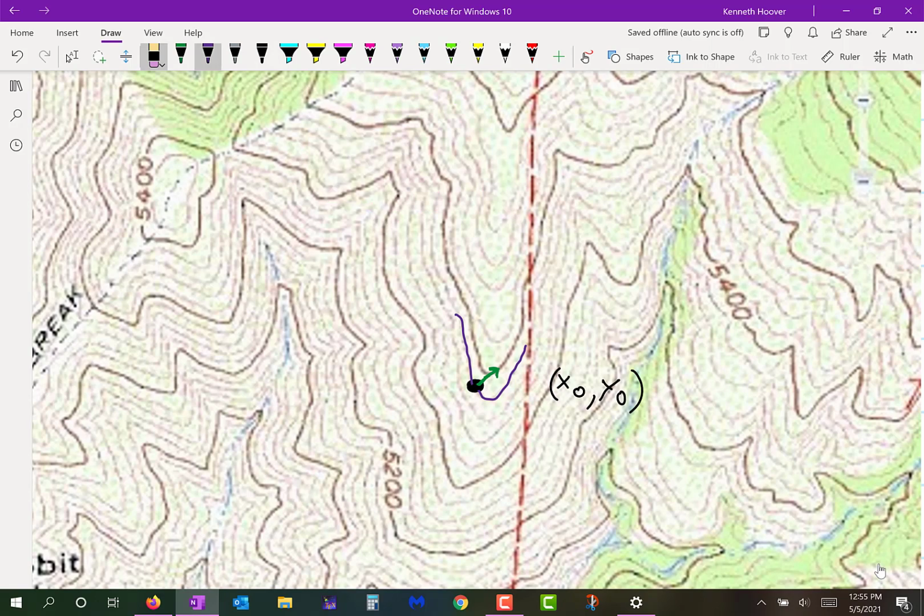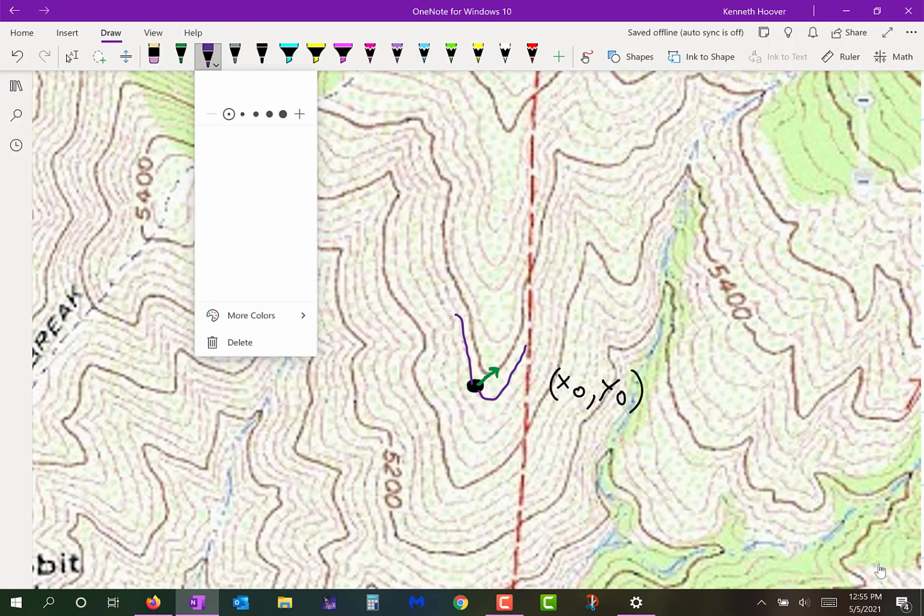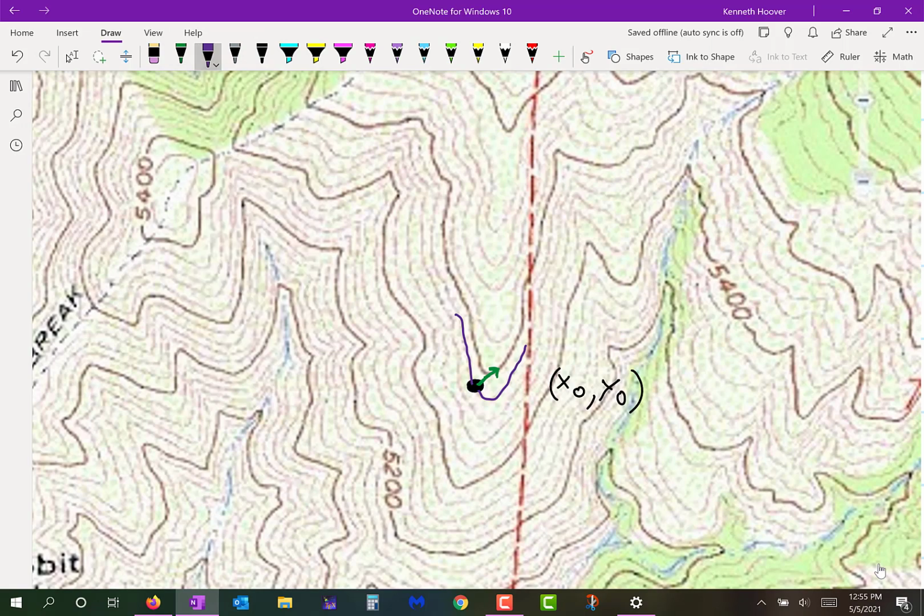Okay, so here's what we're going to do here. Let's write u going in the direction of the level curve. Okay, so that thick purple vector is tangent to the purple contour line. Okay, the green vector is the gradient at that point. How come they would be perpendicular to each other?